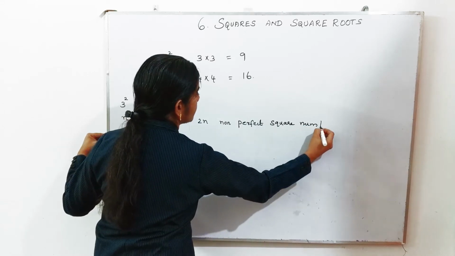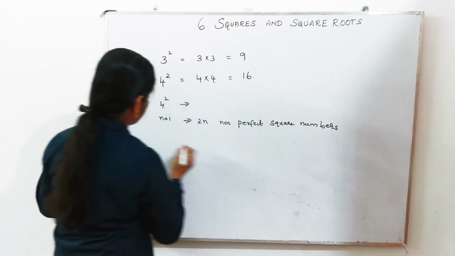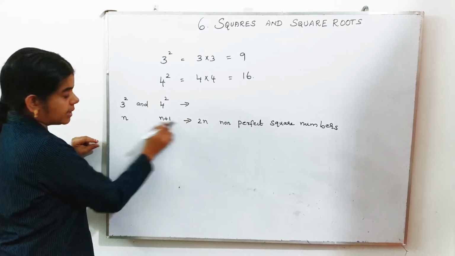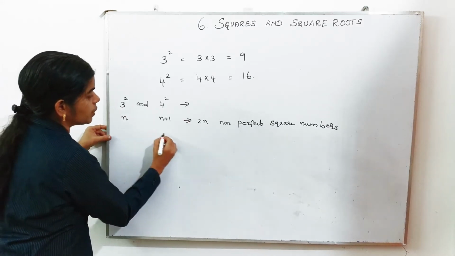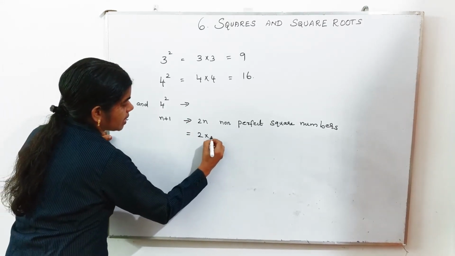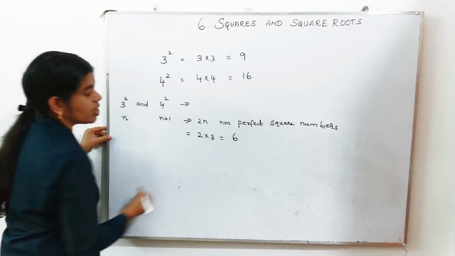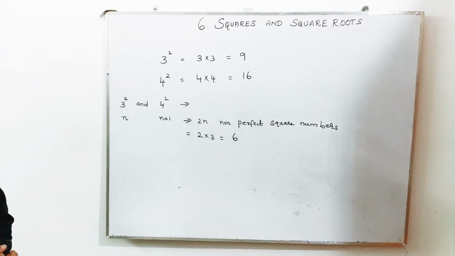Here n is equal to 3, therefore 2 into 3, that is 6 non-perfect square numbers will be there.